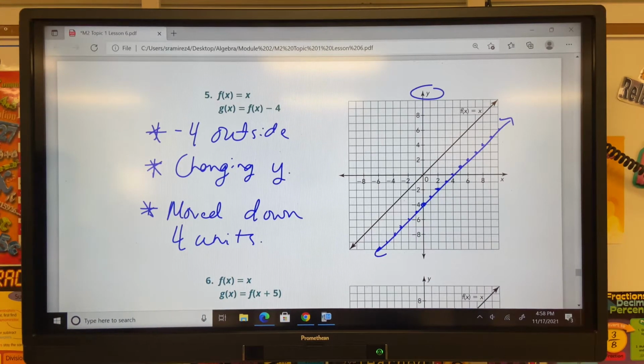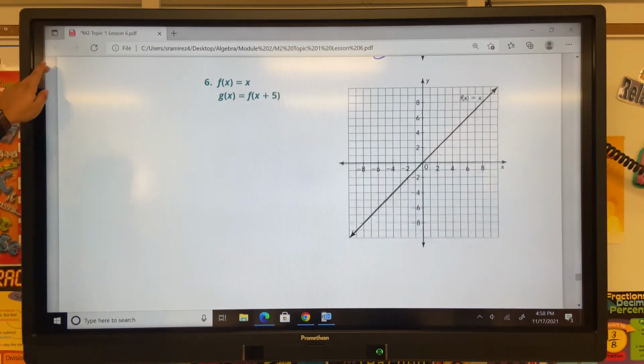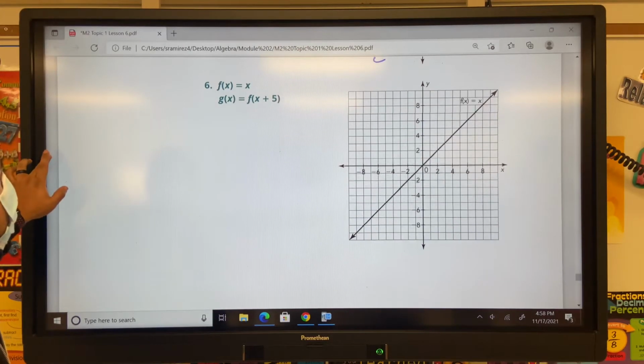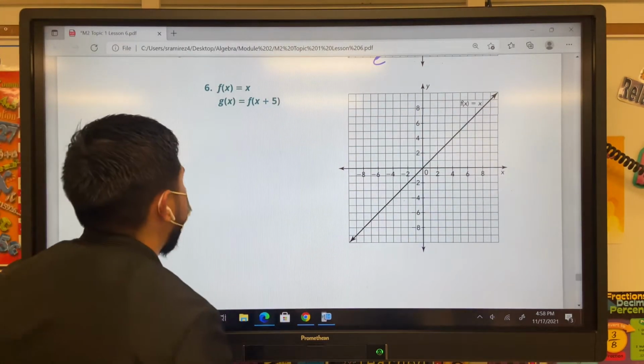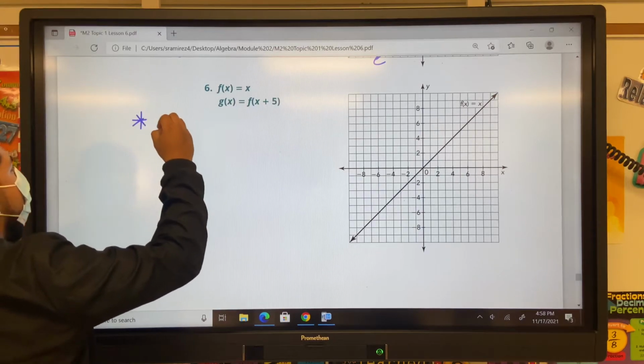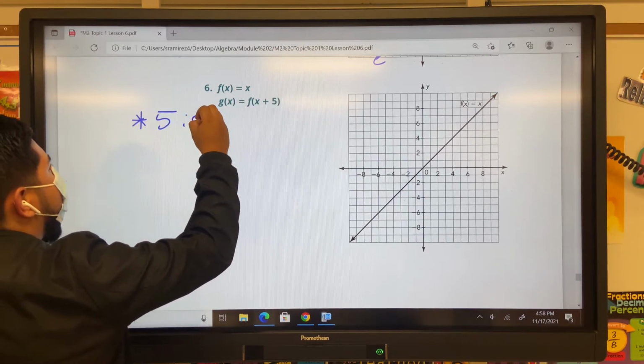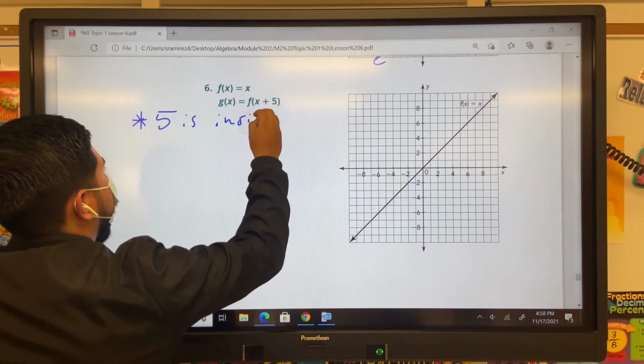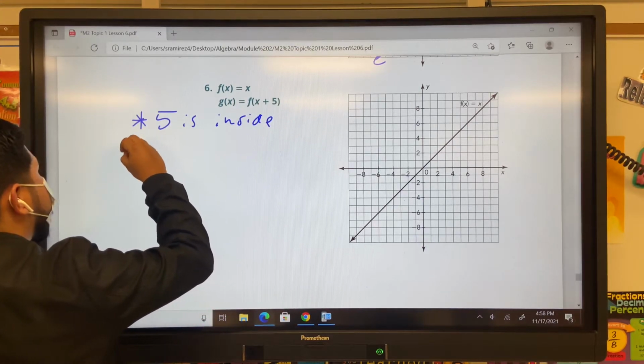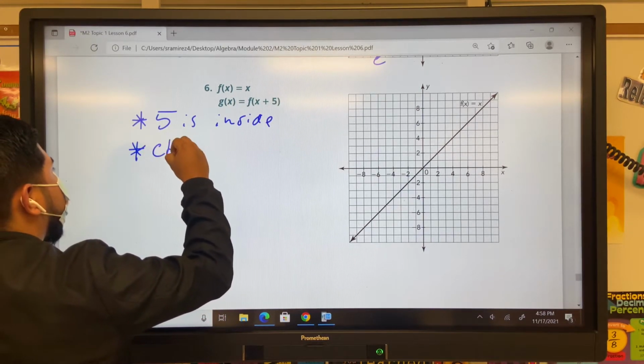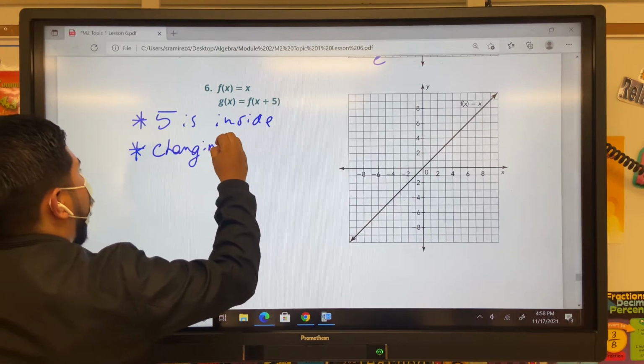Last one, moving on in 4, 3, 2, 1. Going super nice and steady. Careful observations before we actually graph it. The 5 is inside the parentheses. This means we are changing our x.